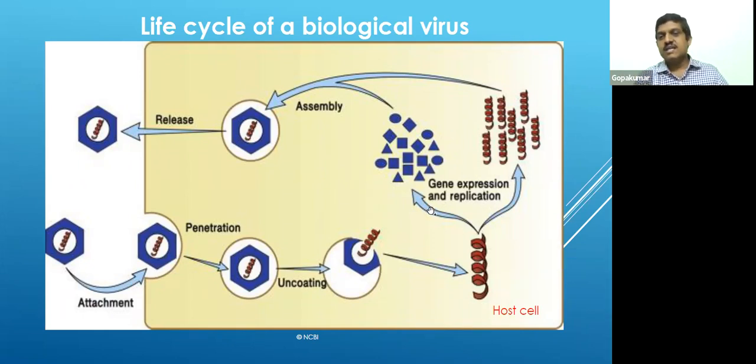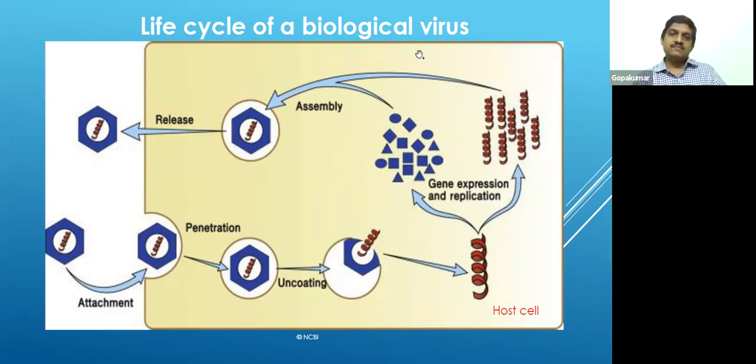It will create its own proteins, suppose a protein coat or whatever it is. From its own genome, it will produce a lot of proteins, and it will replicate, creating millions or billions of copies inside the host cell.